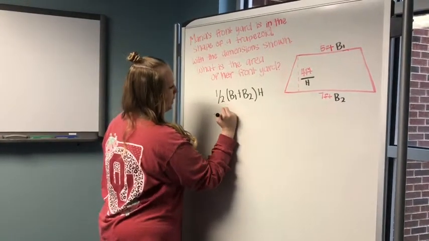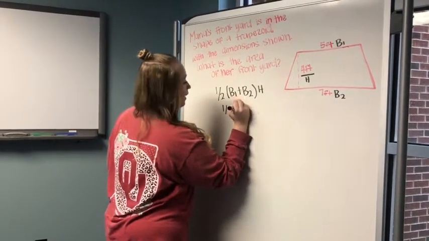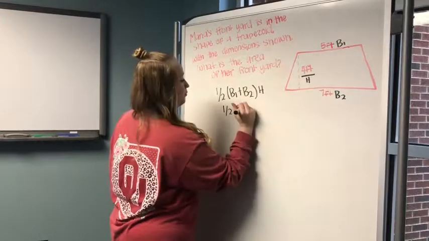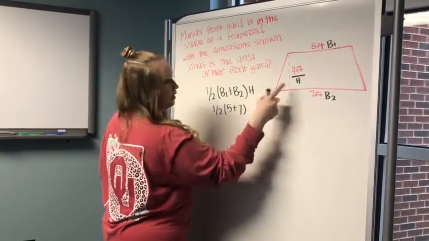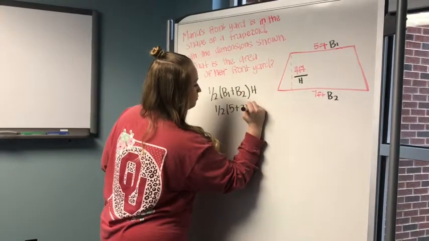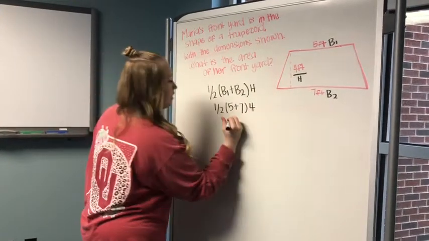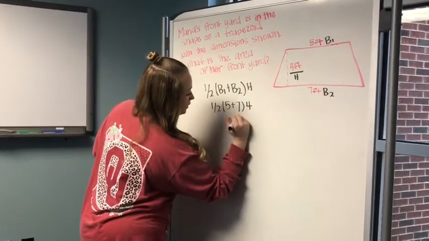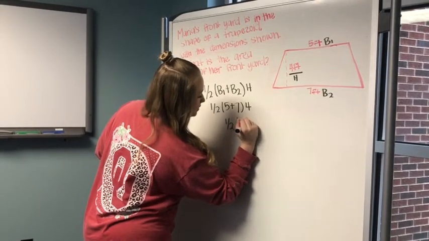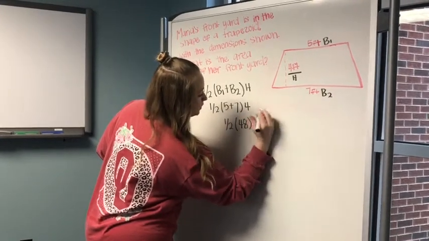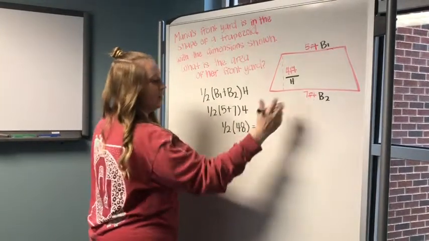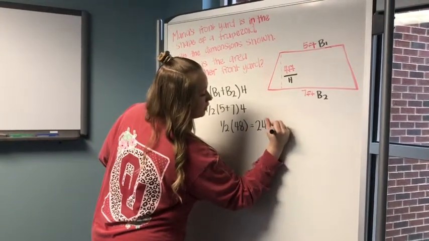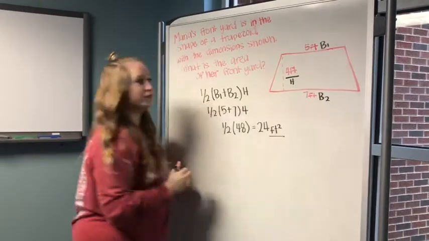So we will have 1/2 times 5, because it is our base 1, plus 7, which is our base 2, times 4, which is our height. So when we put all this together, we will have 1/2 times 48, which will equal 24. And always remember that we have to do feet squared because we are solving for area.